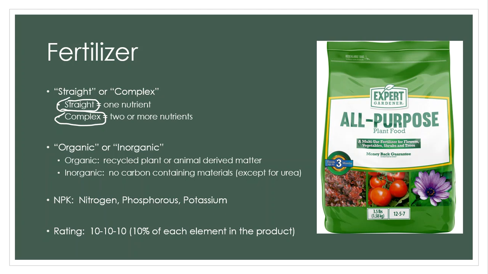So maybe nitrogen and phosphorus, but no potassium. Or maybe potassium and phosphorus, but no nitrogen. That's really up to the blend of the fertilizer that I need as a user. Because again, maybe I know a little bit more than the general consumer, and I know what I'm after. And maybe all 3 are really not ideal for me.